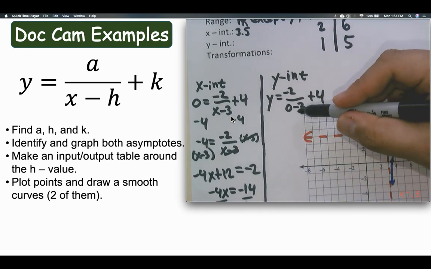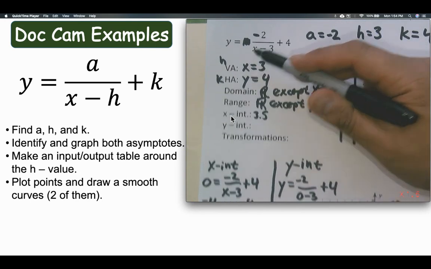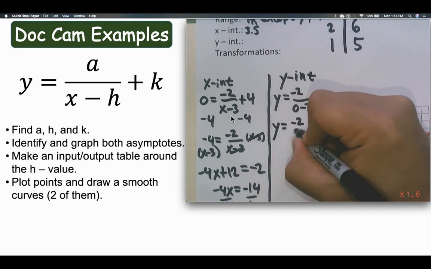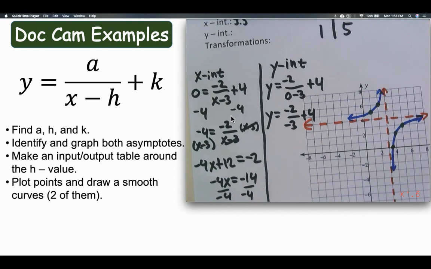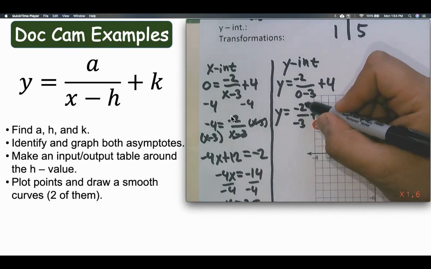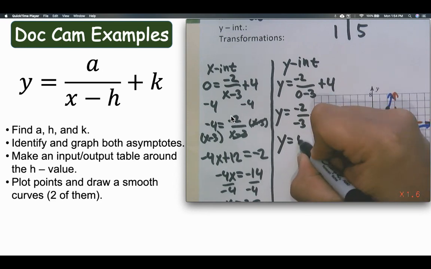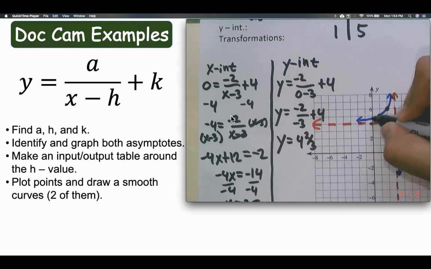All I'm doing is plugging in a 0 instead of my x right here, and then I'm going to solve for my y. That's my y-intercept. So y equals negative 2 over negative 3 plus 4. That's going to turn into positive 2/3 plus 4. So y is equal to 4 and 2/3. So that's between 4 and 5. So yeah, that looks good.